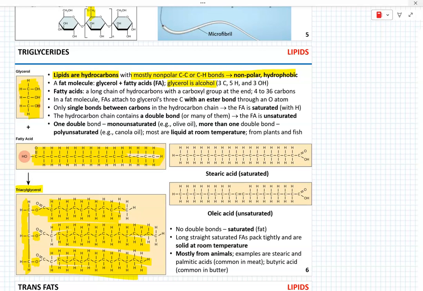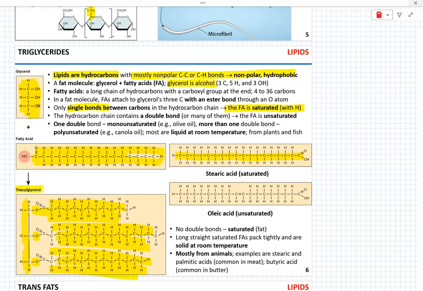When carbons in a fatty acid molecule are connected exclusively by single bonds, we call these fatty acids saturated. It means that they are saturated with hydrogen atoms.